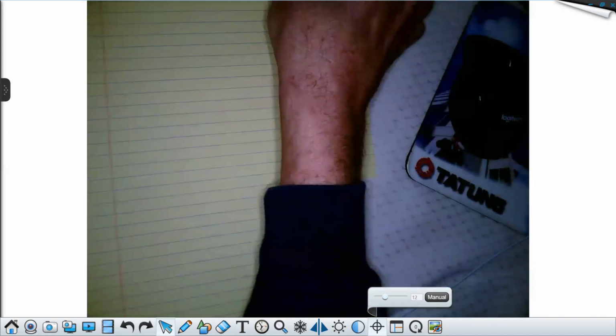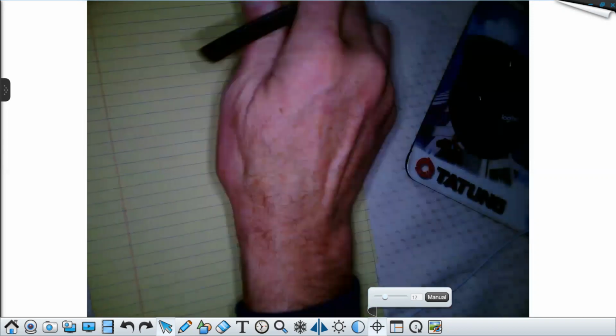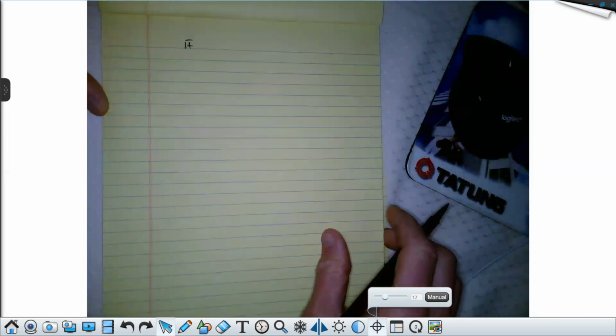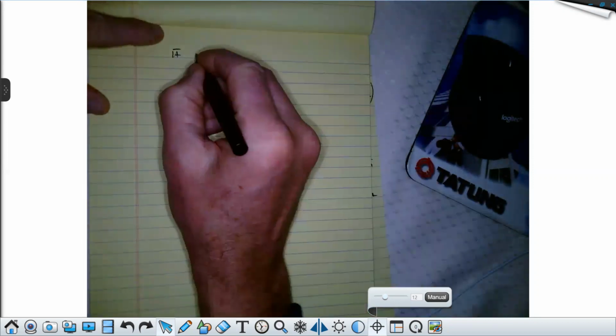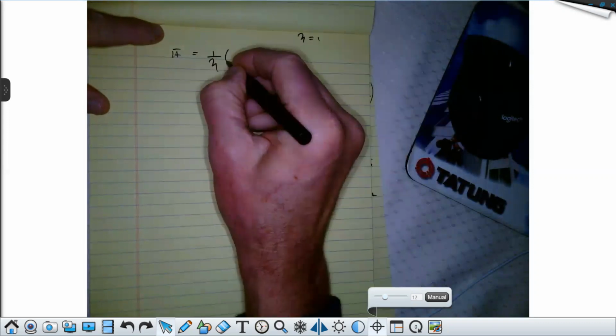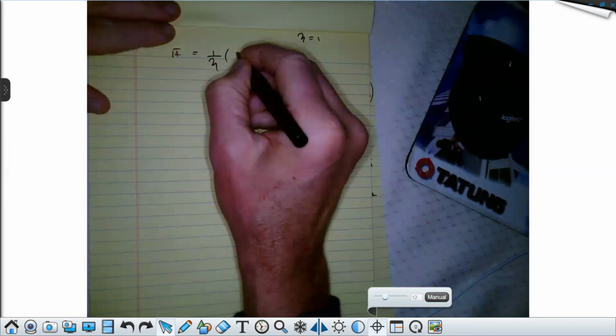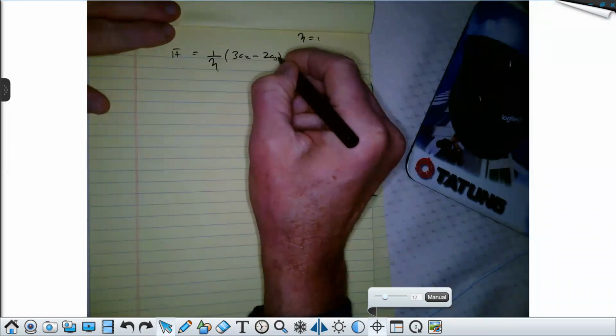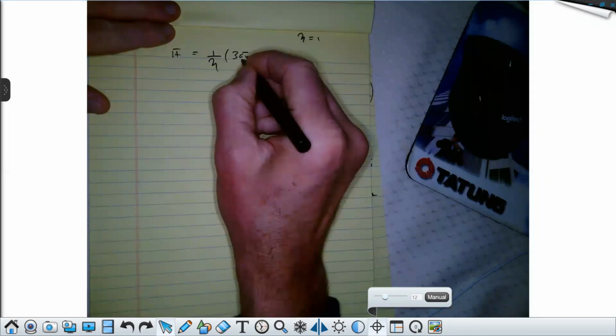So if I do this, now I come out here and I get the H field as 1 over eta. Eta is 1. Unit vector in the direction of propagation, which is going to be 3ax minus 2ay over the square root of 13.